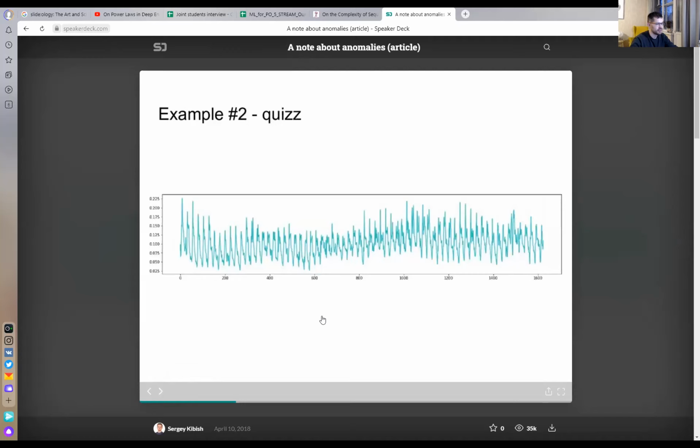Let's try another one. Where do you think there is an anomaly in this problem? I think this problem is harder.